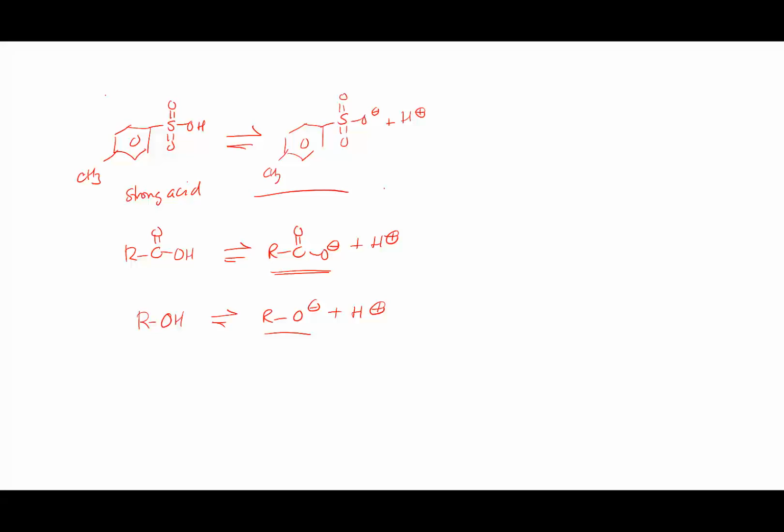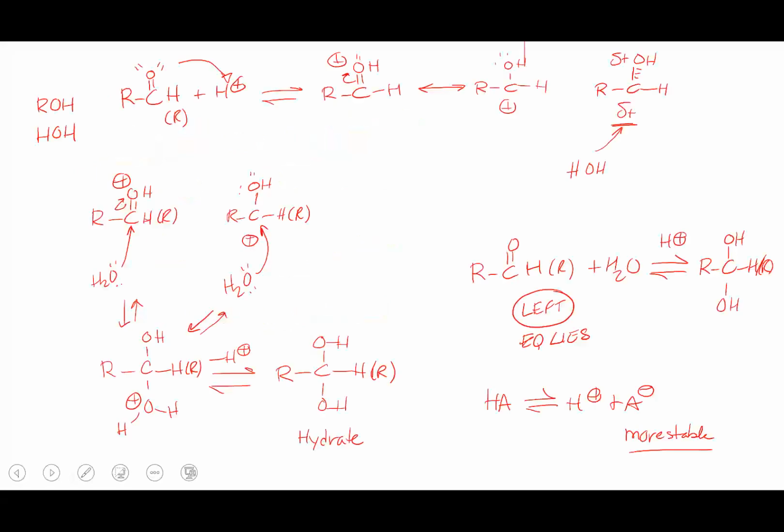Okay. So when I go back here and I say, all right, I want to push the equilibrium to the right, one of the principles to do that is make the product more stable. Is that going to work in this case? Sadly not. I can't have a big effect on the product.